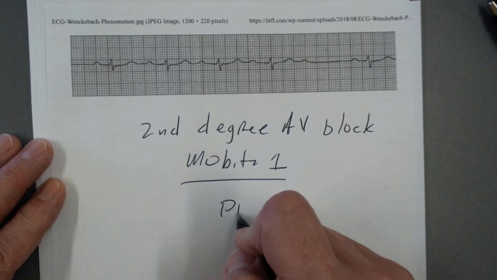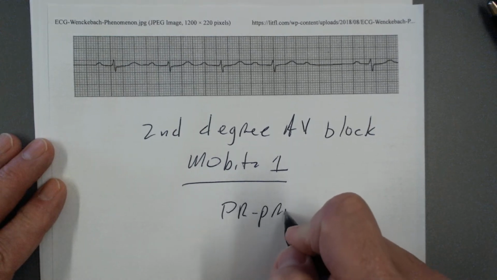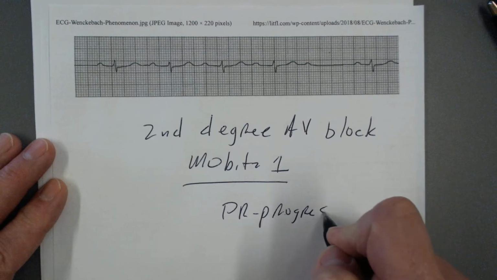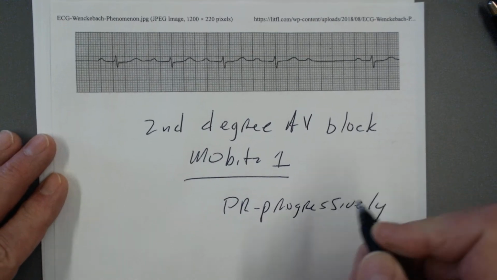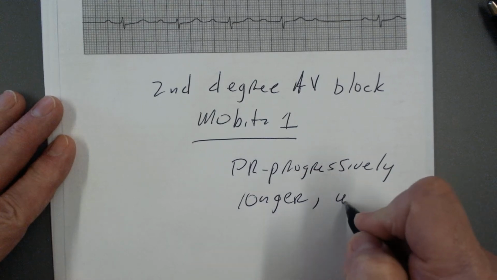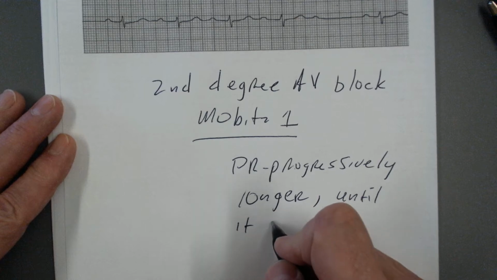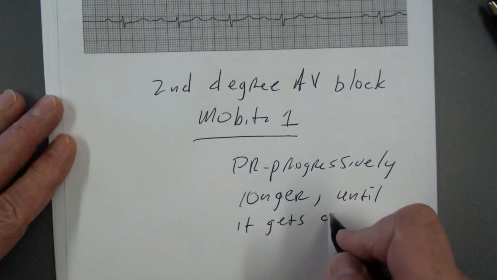So the PR interval gets progressively longer until it gets dropped.